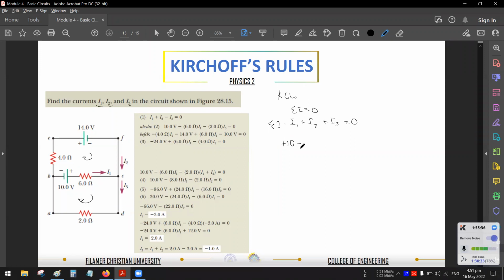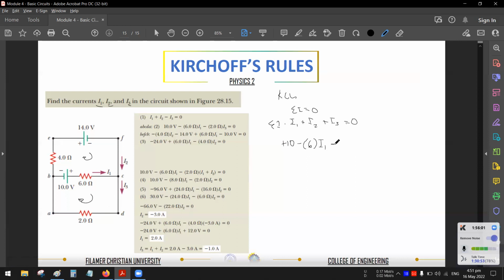Hindi pala, positive pala to. So, magma-minus lang tayo. Pareho lang din yan, no? So, negative pa rin. So, negative 6 times I1. And then, papasok siya dito. So, we have 2, and yung kasama niya dito is si I3.